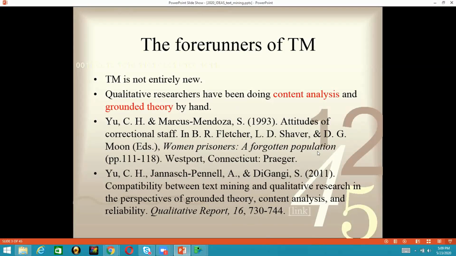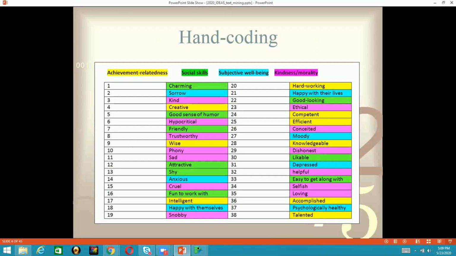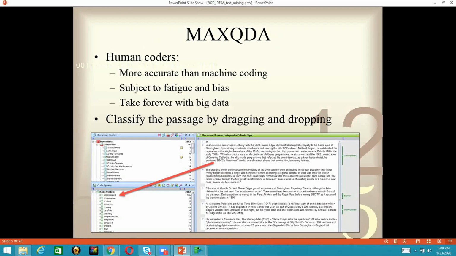As mentioned before, when there was no AI, no computer, you relied on hand coding, right? So it's a very tedious process. Some people use software.